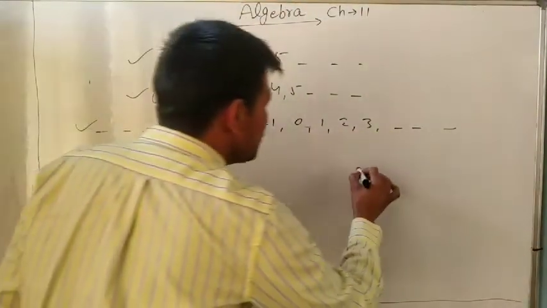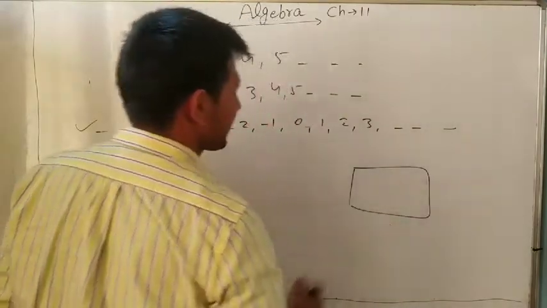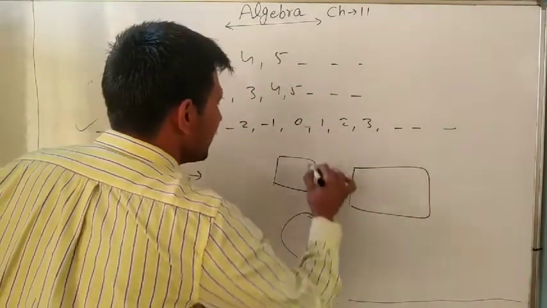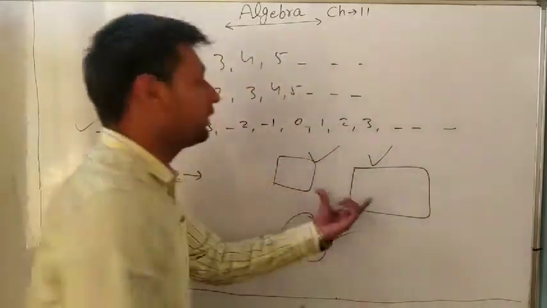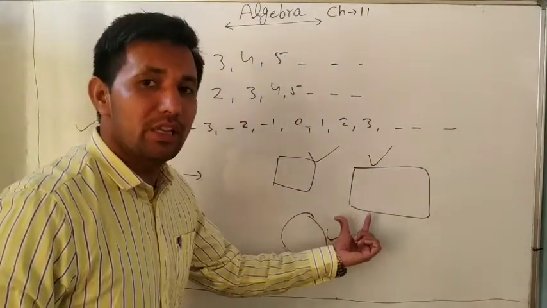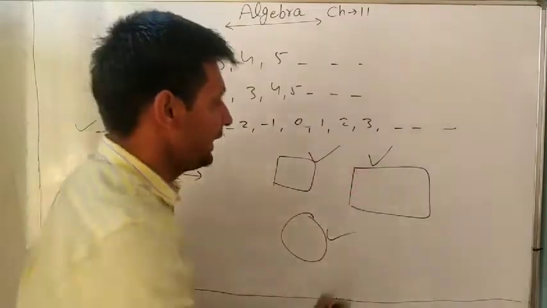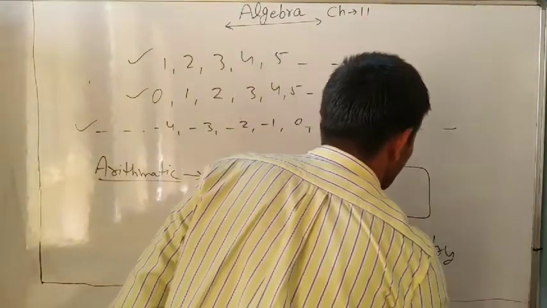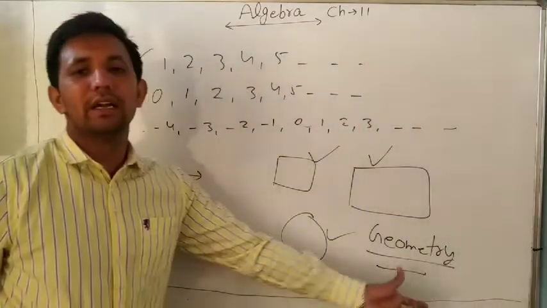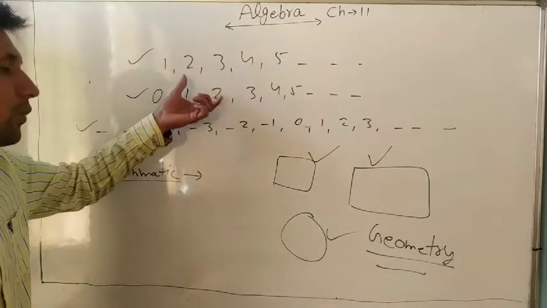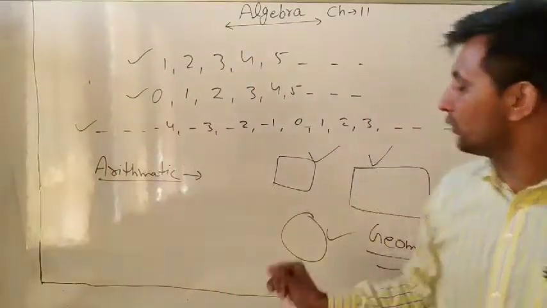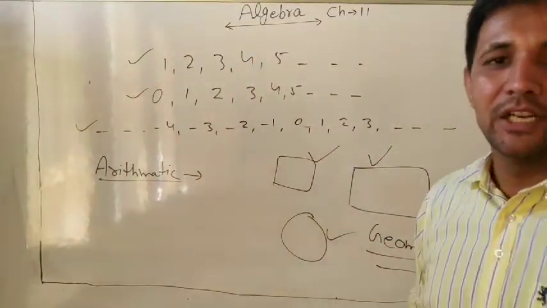If we study about a rectangle, a square, a circle, if we study about shapes, it is called geometry. When we study about numbers, it is called arithmetic. If we study about shapes, it is called geometry.